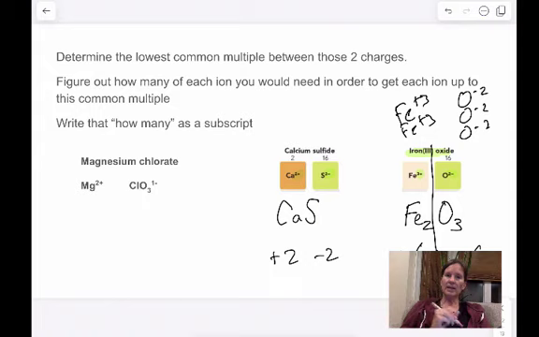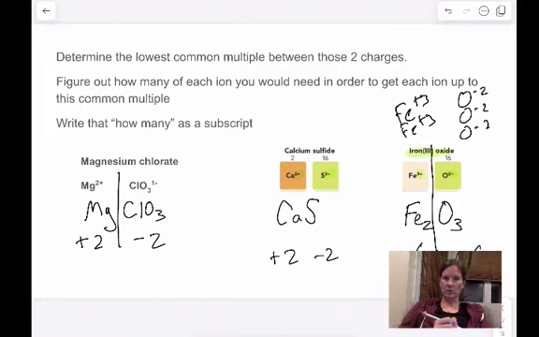Over here with magnesium and chlorate, magnesium's a 2 and chlorate's a 1. If I ask myself about the lowest common multiple between those, the answer is 2. I need to get magnesium to +2 and chlorate to -2 to make them the same. That means I need a total of 1 magnesium and 2 chlorates to make this work.